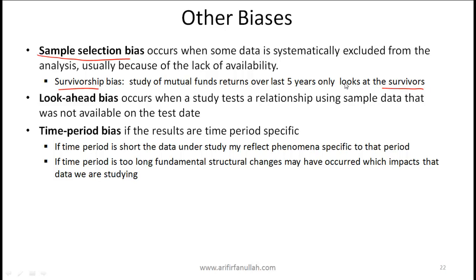So this would result in a sample selection bias, and the specific type of sample selection bias here is called the survivorship bias. You will see this again later in the course.